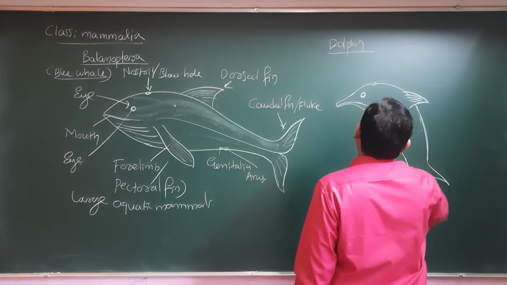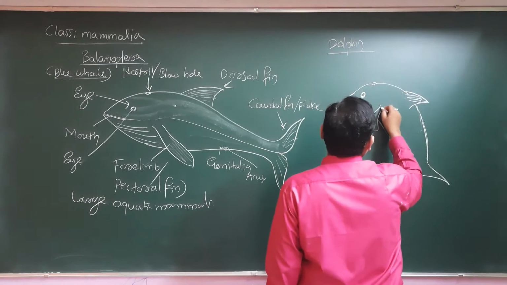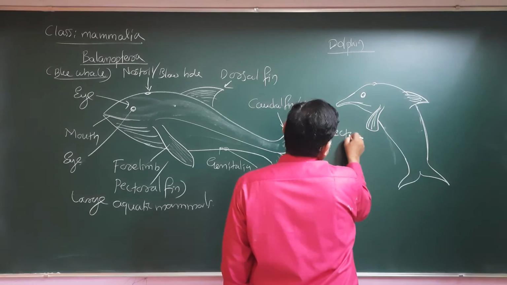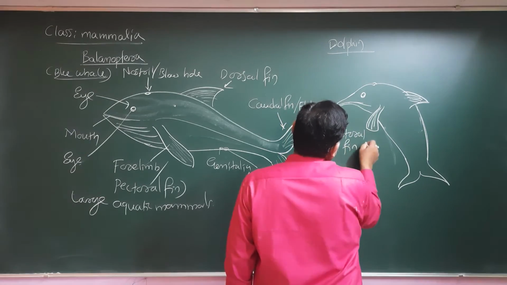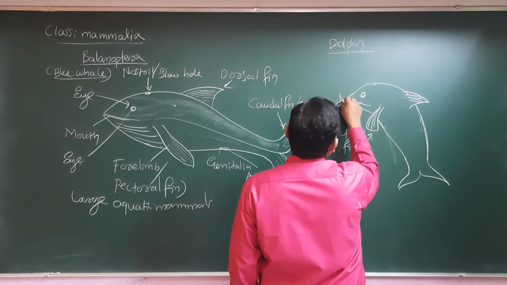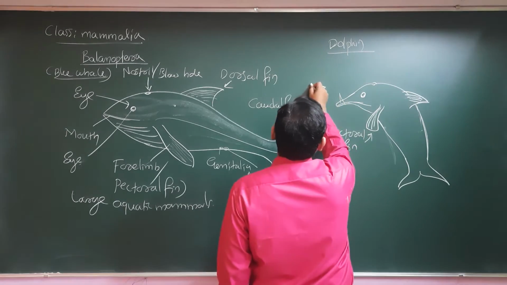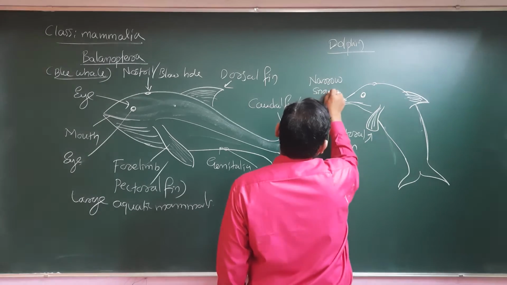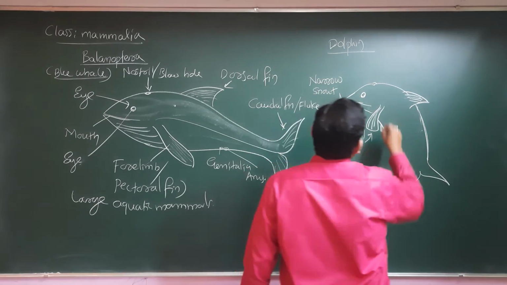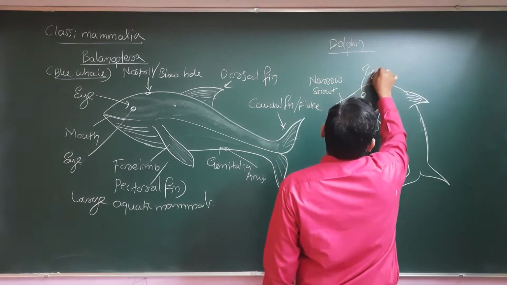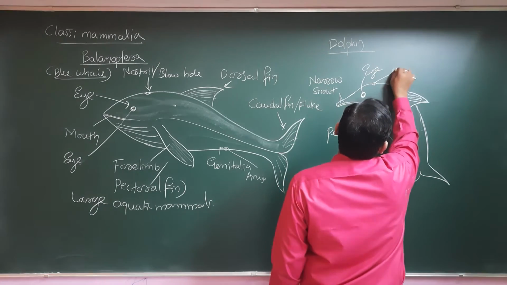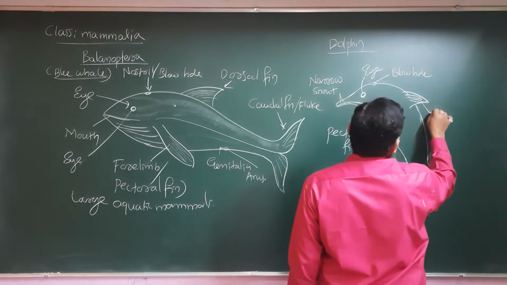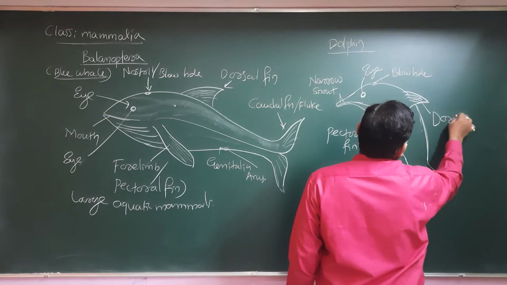They have the eye, the pectoral fin, and the snout, a narrow snout or beak-like structure, the eye, then the blowhole, and the dorsal fin.